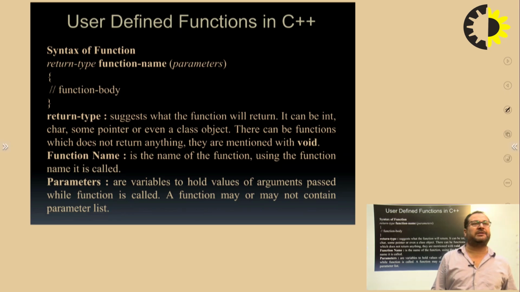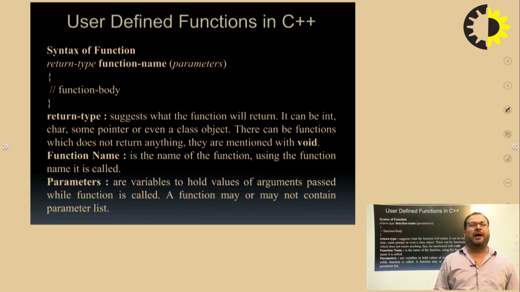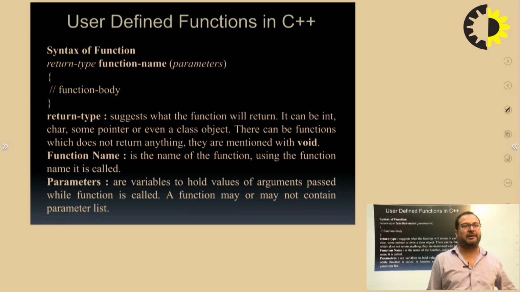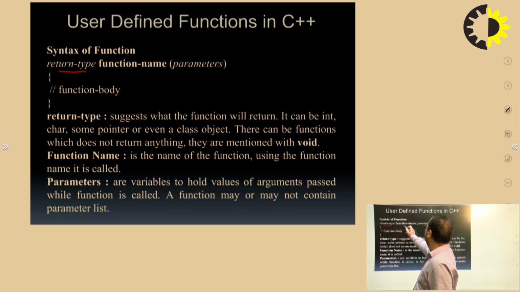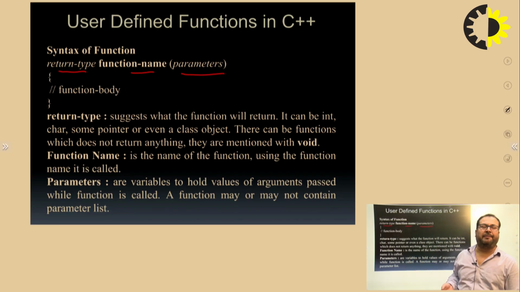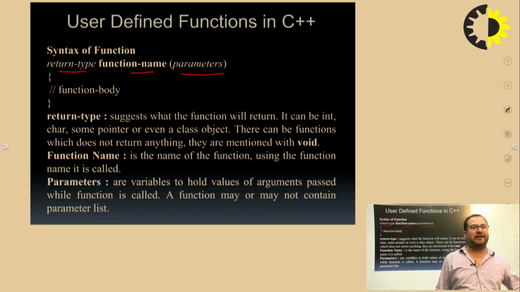Now, what is the syntax of a function? If you want to use functions, we need to clearly mention the return type of the function, the function name, and the name and type of the arguments. So, there are three things: the return type, then the function name, then the parameters. Parameters mean what data type, as well as the number of arguments which can be used in the function.